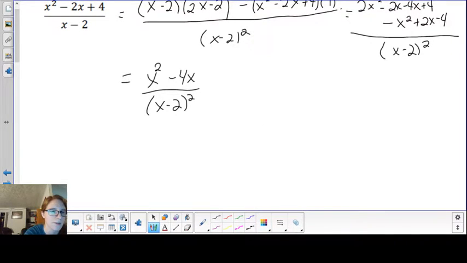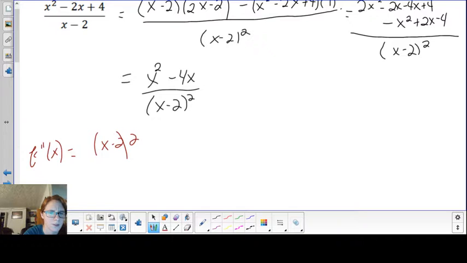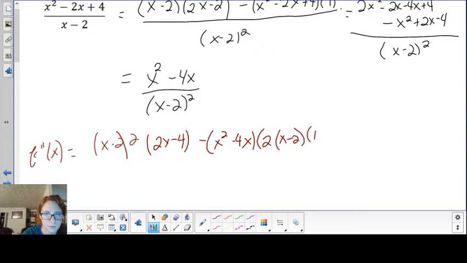I'm going to take my second derivative. So I have low D high minus high D low, all over low squared.